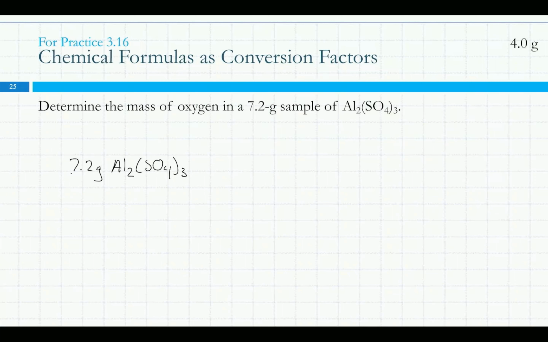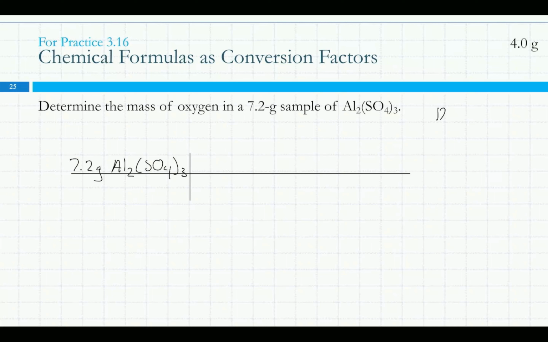I can start doing this. So if I'm going to use the mole ratio, what's the mole ratio? How many moles of oxygen are there for every 1 mole of aluminum sulfate? Say 2 oxygens? 12. Oh, okay. 12.